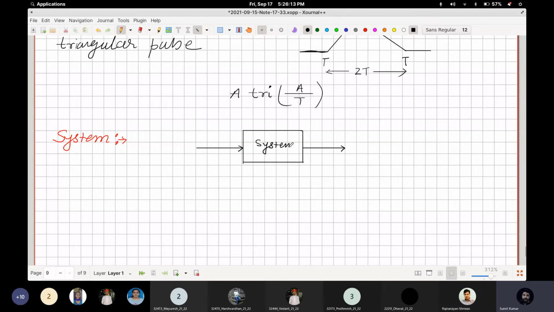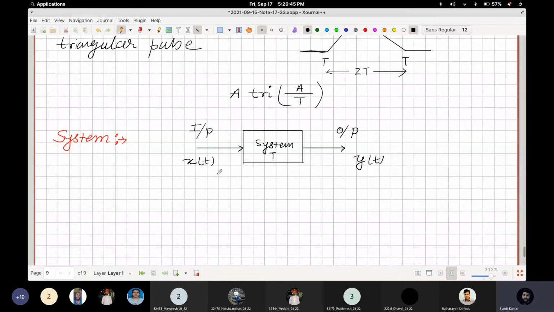Okay, so system. What is a system? Wherever there is an input-output relationship, that is going to be called a system. Let me denote it by T. Let's say I'm going to call the input x(t) and the output y(t).